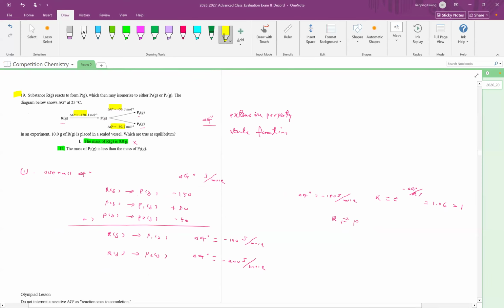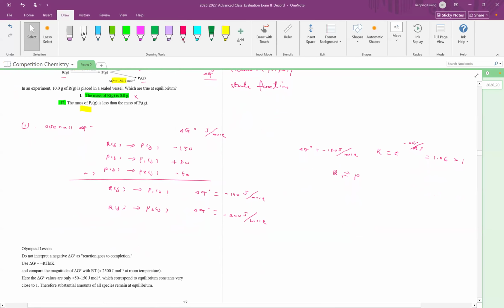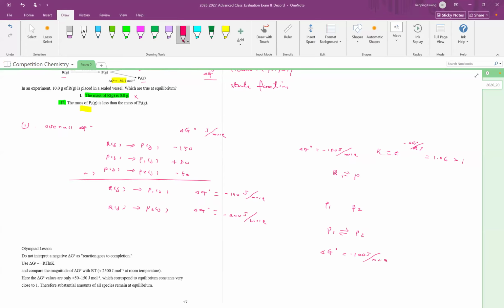Now I'm going to look at the second one. For the second one, we are going to compare P1 and P2. Now, for P1 to P2, delta G equals minus 100 joule per mole. Right? How do you get 100? Basically, it's minus 50 minus 50 plus 50.